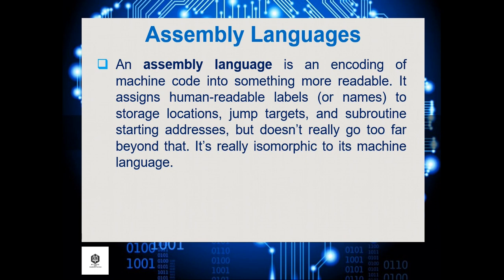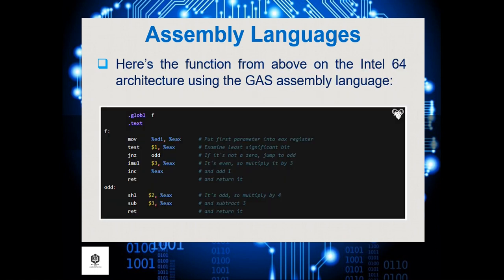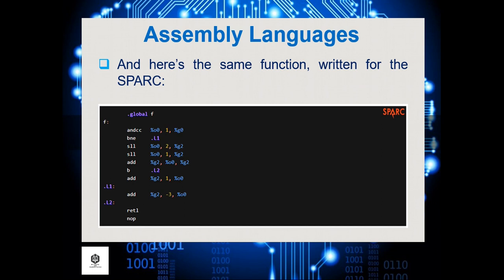It's really isomorphic to its machine language. Here's the function from above on the Intel 64 architecture using the GAS assembly language. And here's the same function written for the ARM.